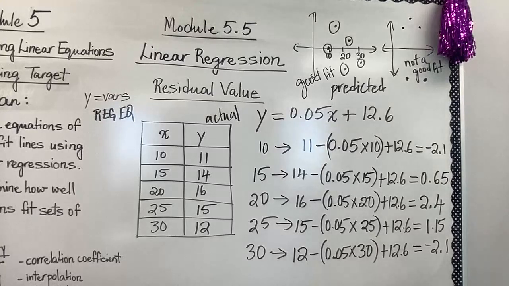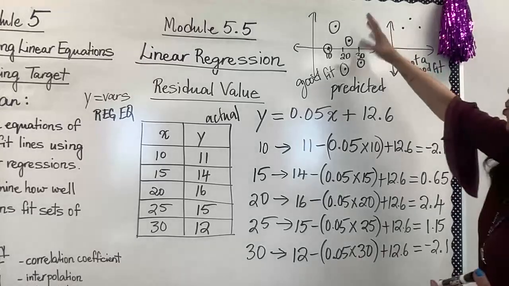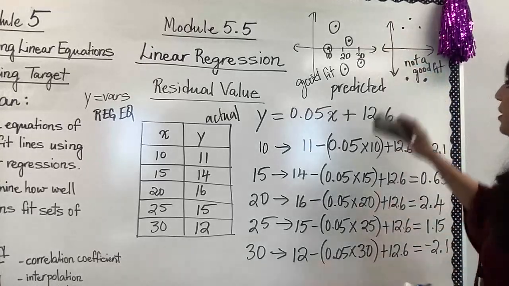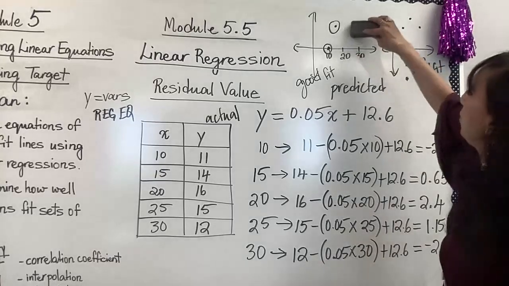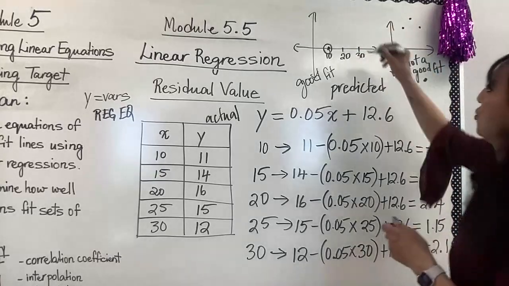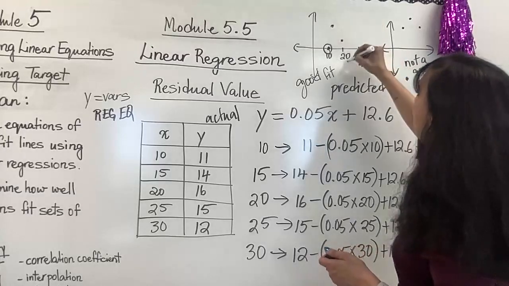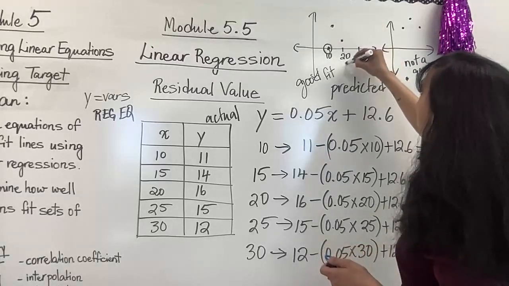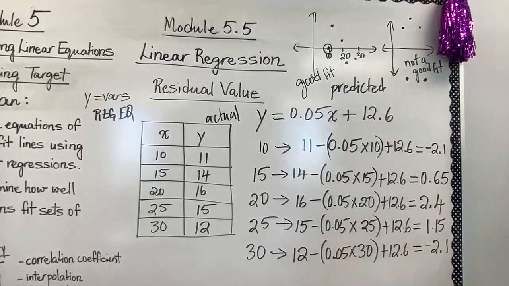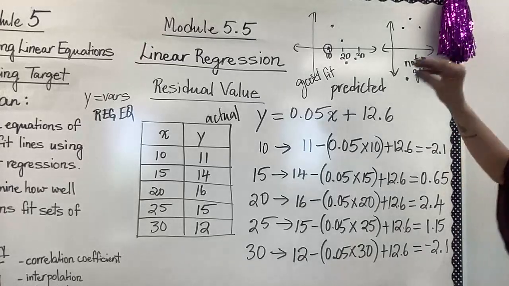Once again, a good fit is if it is close to the x-axis and randomly distributed above and below. I have circled this just so that you could see it. But look how this is above and below the x-axis, randomly distributed, and pretty close to the x-axis.